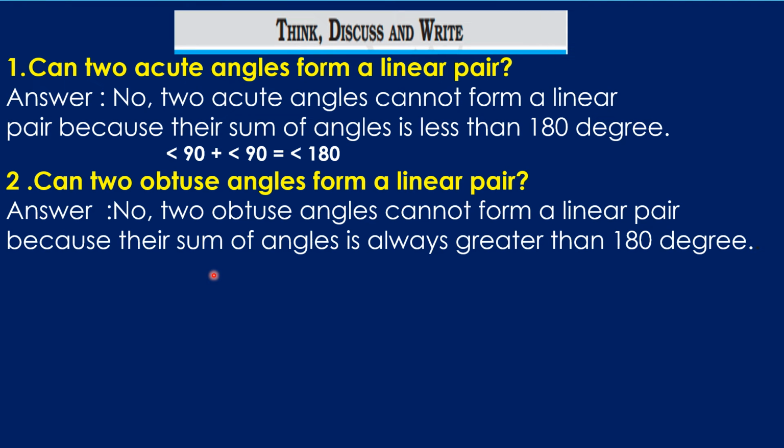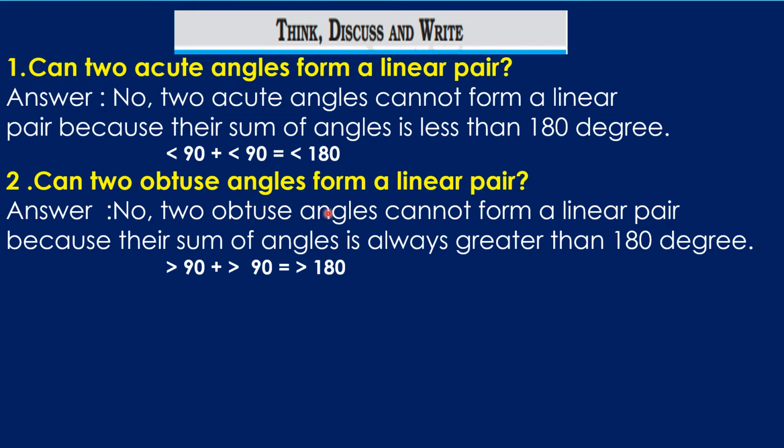So what is an obtuse angle? One obtuse angle is greater than 90 degrees. When we take the sum of two obtuse angles, that is greater than 90 degrees plus greater than 90 degrees, it will be greater than 180 degrees, which means it is not equal to 180 degrees.